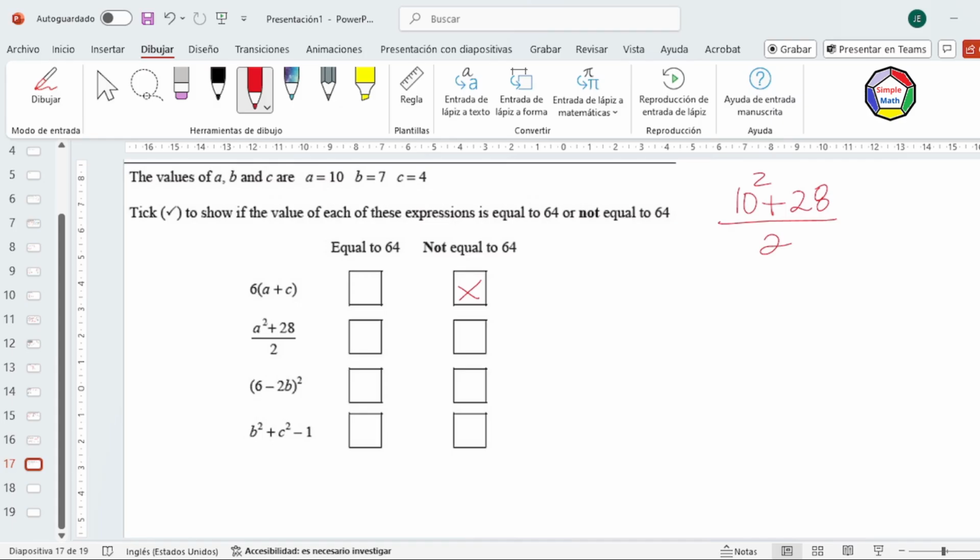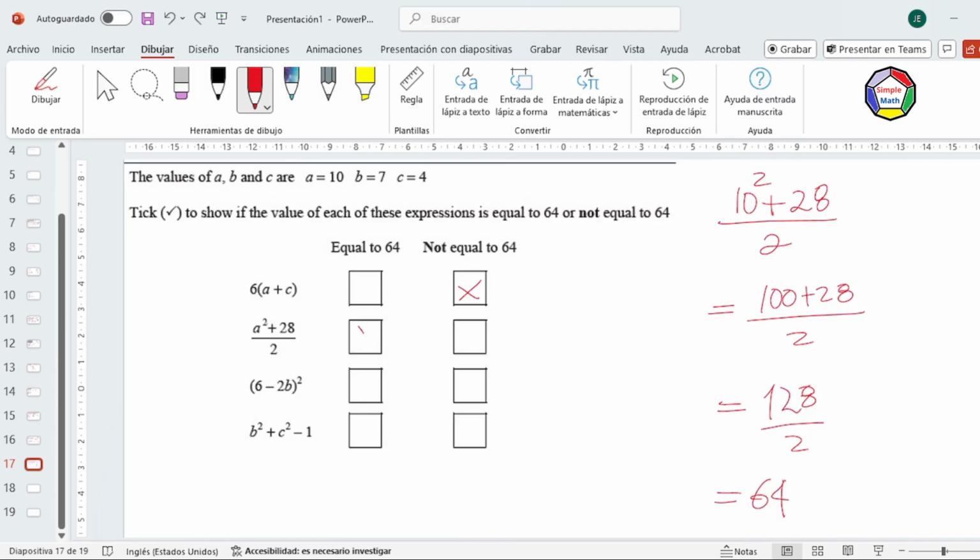Applying PEMDAS, 10 squared is 100, plus 28. In other words, we have 128 divided by 2, and 128 divided by 2 is 64. So this is equal to 64.